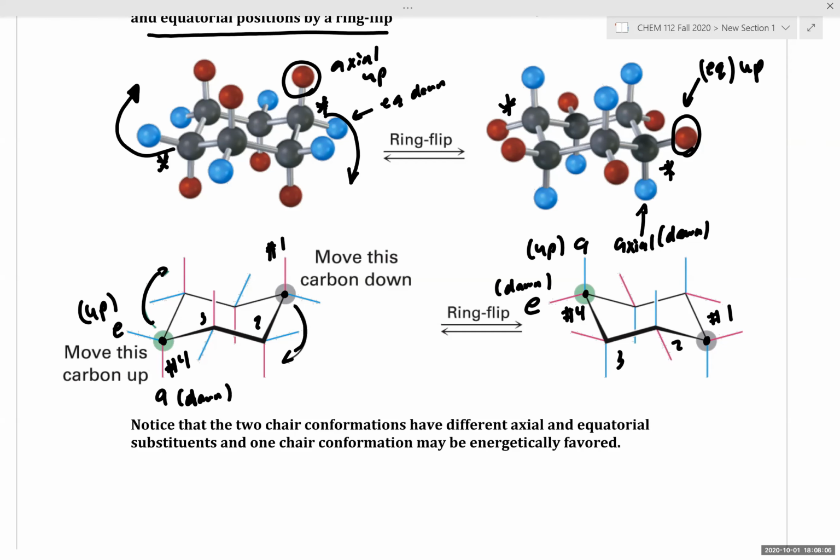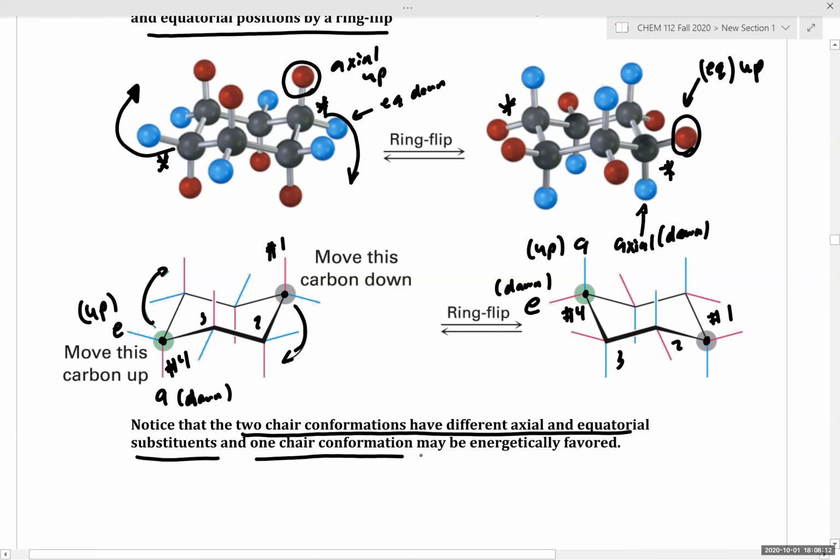Now, because the two chair conformations have different axial and equatorial substituents, one chair conformation may be energetically favored. And that is what we're going to focus on in this chapter.